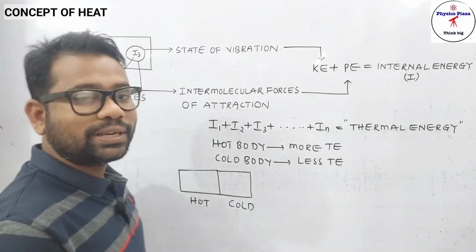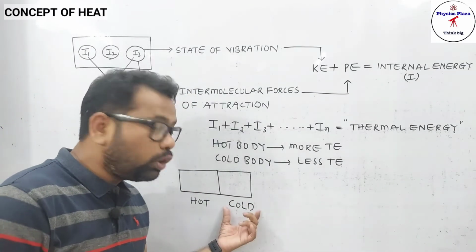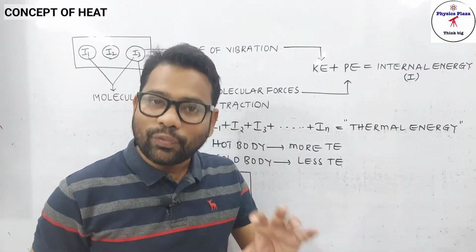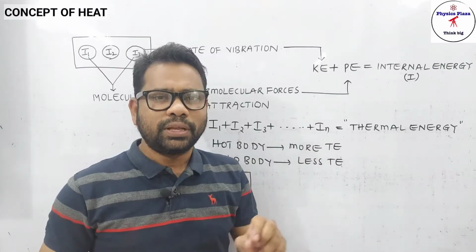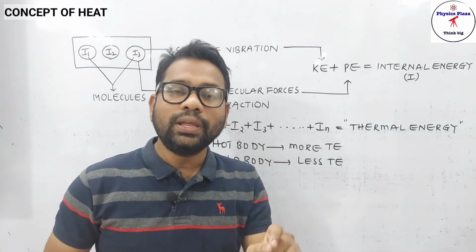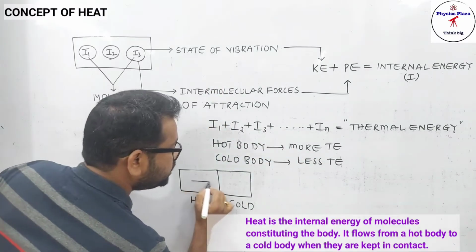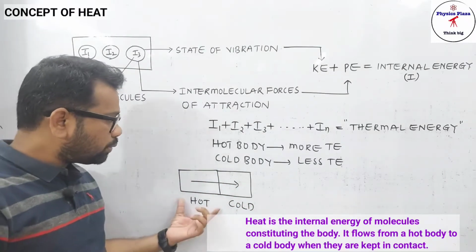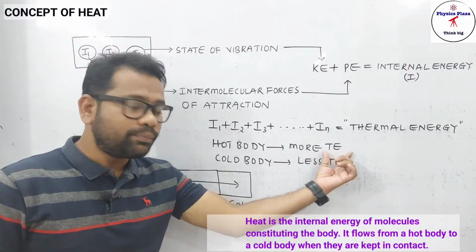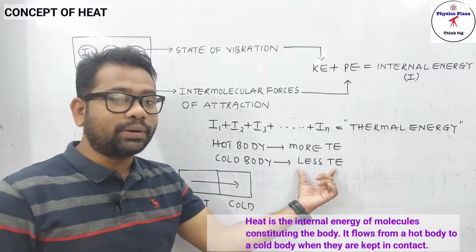Then obviously we can notice that the cold body warms up whereas simultaneously the hot body cools down. This happens only when some energy flows from the hot body to the cold body. Why? Because the hot body has more thermal energy and the cold body has less thermal energy.